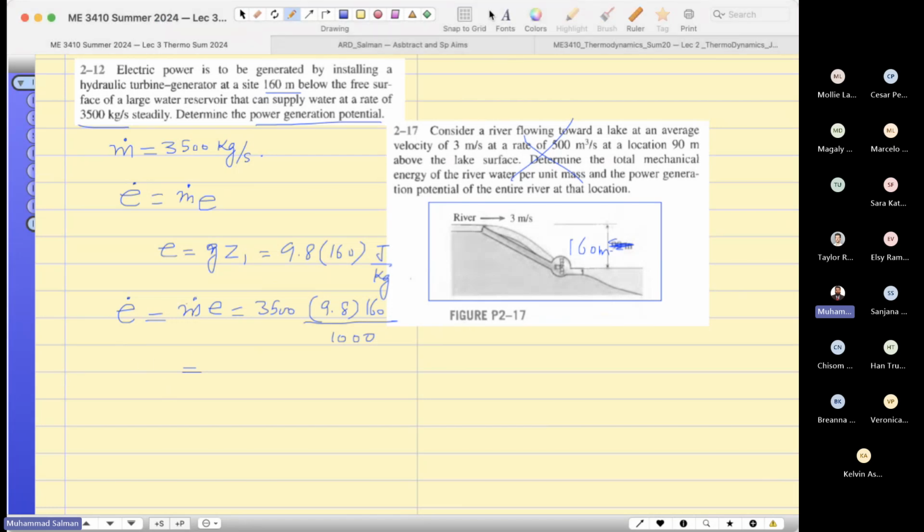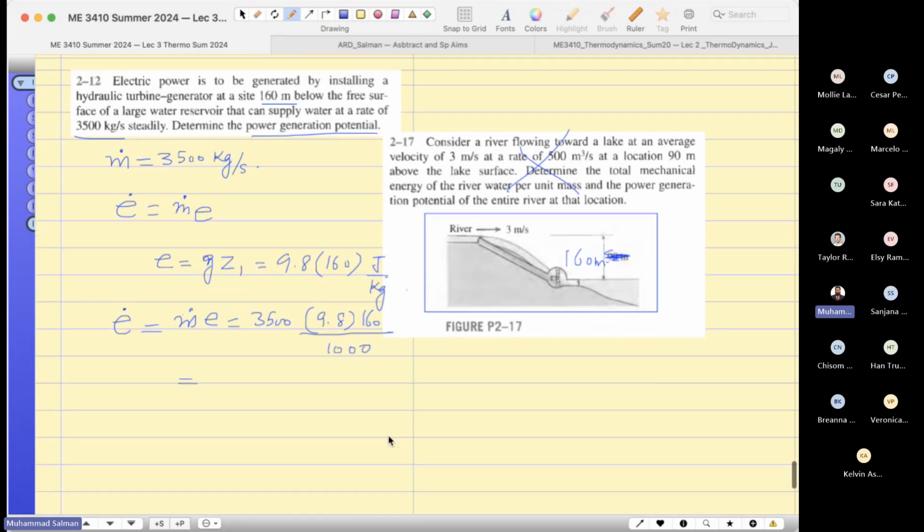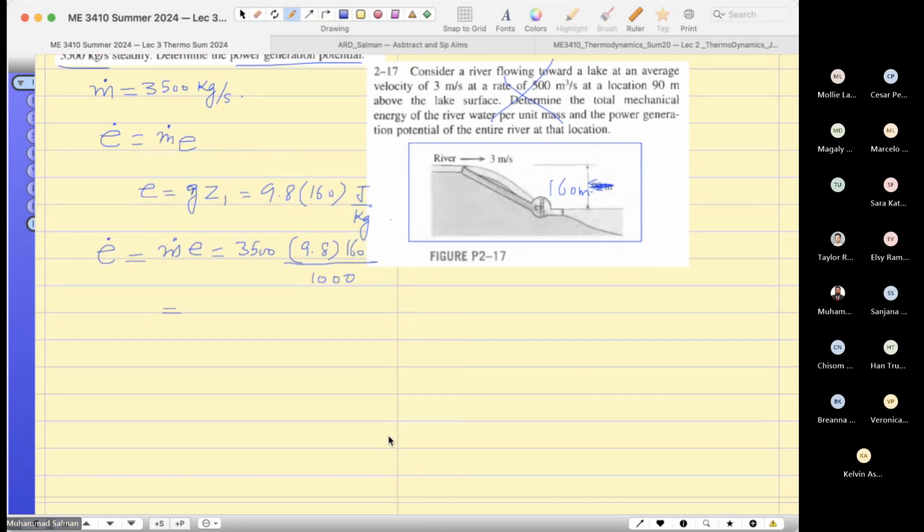I'm looking at the chat to see if you can find the answer quickly. 5488, that's good. 5488 kilowatts, that's what I have.